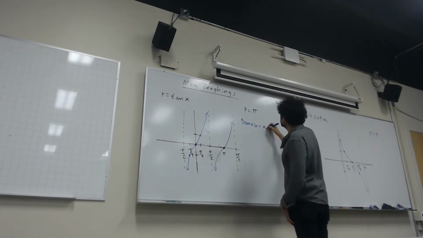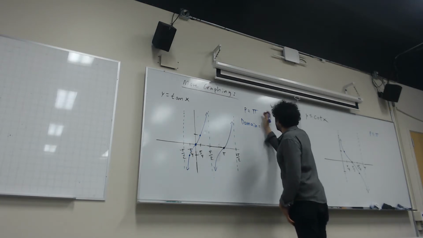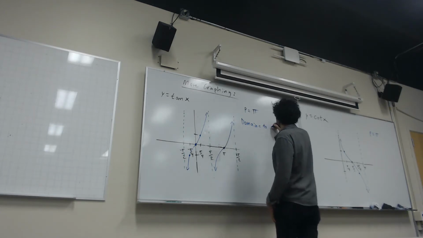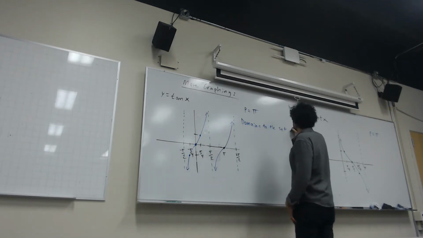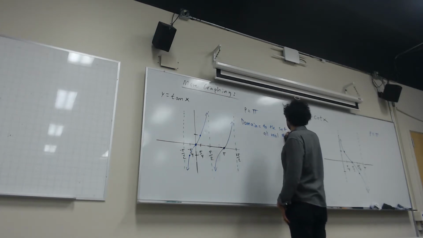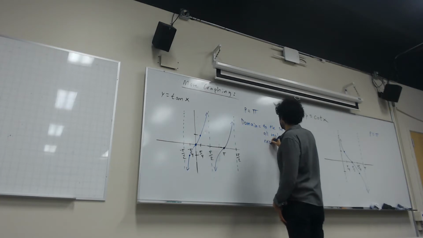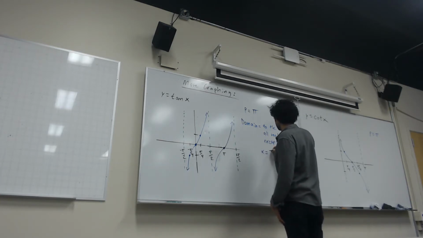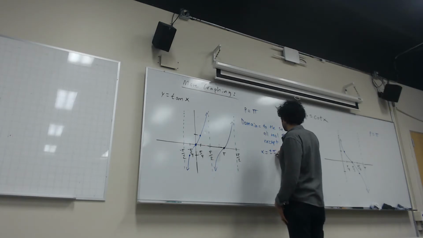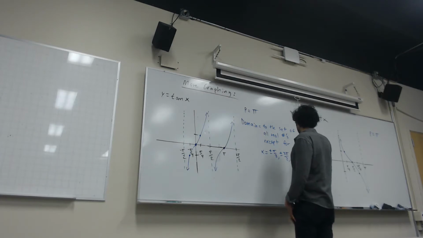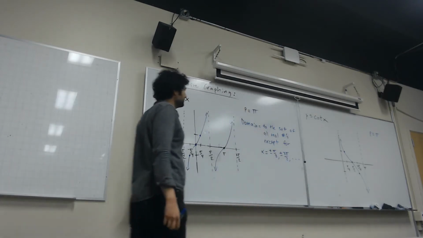I said x is an element of the set of all real numbers except for x equal to plus minus pi over 2, plus minus 3 pi over 2. Remember that? Plus minus 5 pi over 2 and so on.